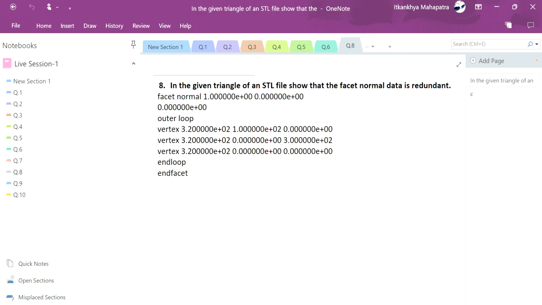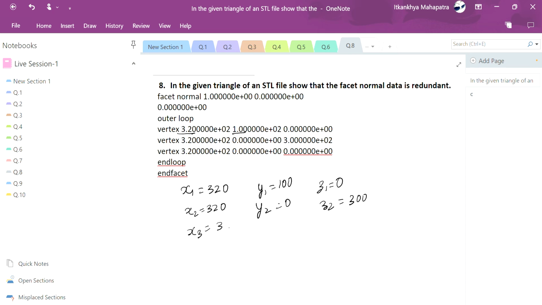So we will first write out the coordinates. X1 is equal to 320, Y1 is equal to 100, Z1 is equal to 0. Similarly, X2 is equal to 320, Y2 is equal to 0, and Z2 is equal to 300.